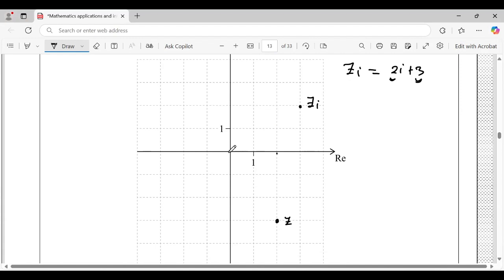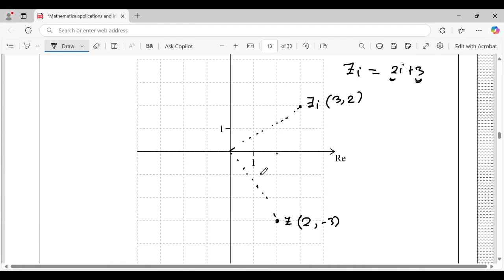Next, regarding the transformation from Z to Zi, look at this: it is actually from 2, comma, minus 3 to 3, comma, 2.